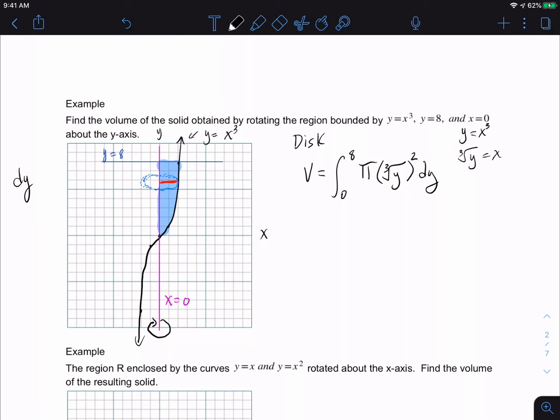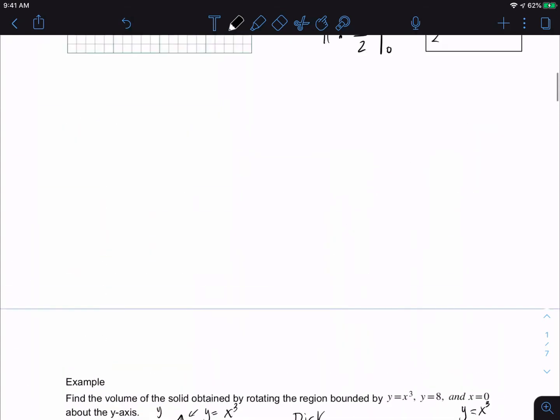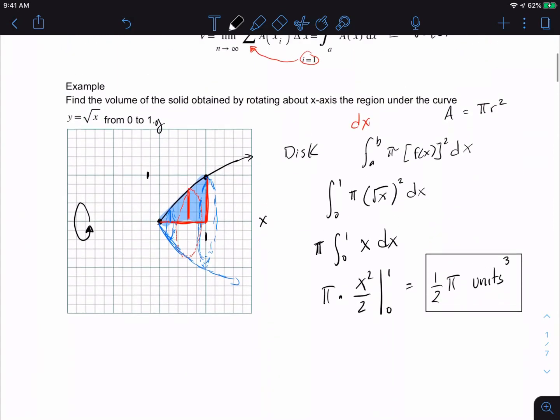So the function's always going to be squared? Yes, because in the disk method, if we go back up here, this is the formula for it. Because it applies for dy or dx, right? Correct.